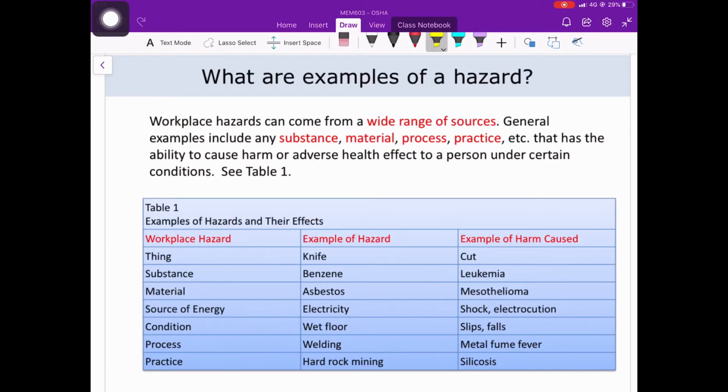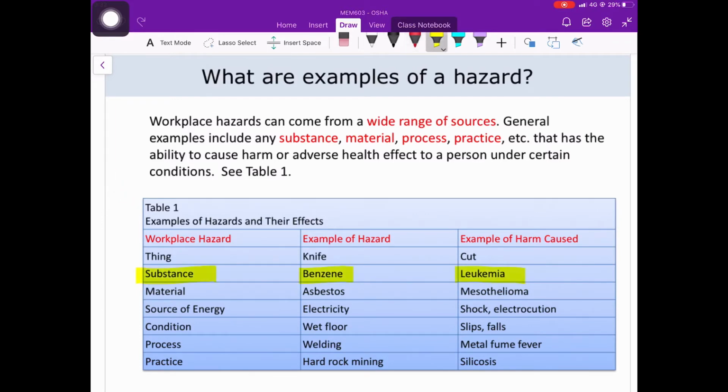Workplace hazards can come from a wide range of sources such as substances, materials, processes, and practices that have the ability to cause harm or adverse health effects to a person under certain conditions. Table 1 shows examples of hazards and their effects.